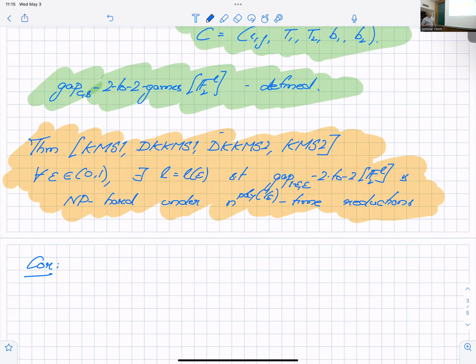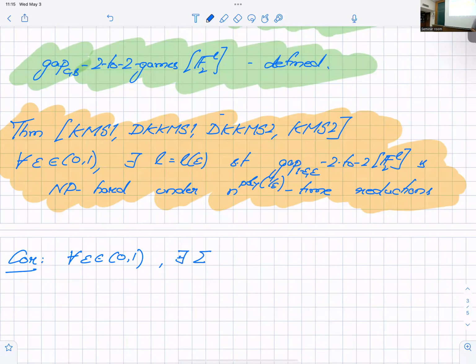So immediately you will get out of this a corollary that for all epsilon in (0, 1), there exists sigma, the alphabet size, such that gap half minus epsilon UG is NP-hard.